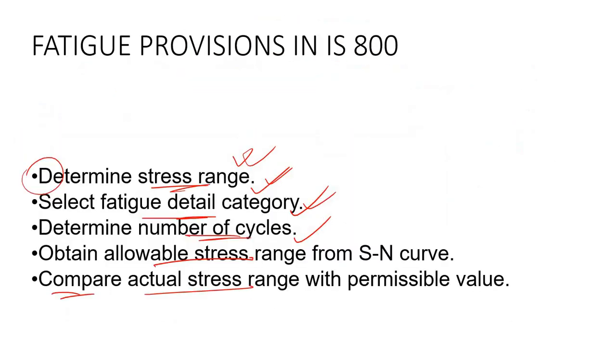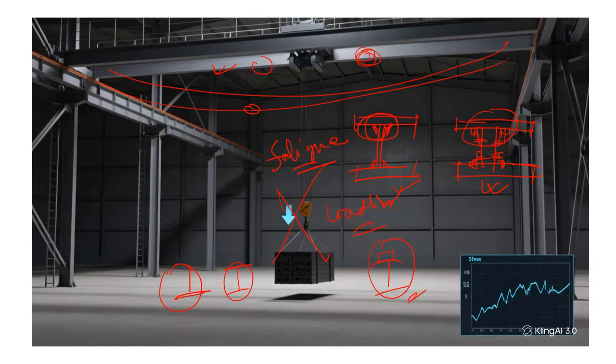Again, you may ask what is a stress cycle. The stress cycle is simply this: when it is loaded, it is subjected to a stress sigma max, then it travels, and finally it is unloaded, and again it is subjected to sigma min. Again this is repeated: loaded, travel, unloaded. So it is basically a cycle.